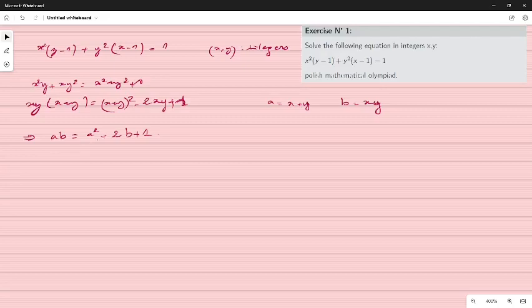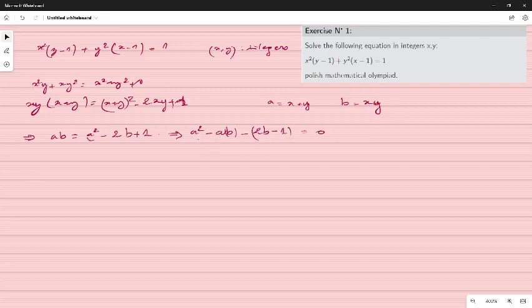So we have a quadratic equation on A, which can be written like this: a squared minus ab minus 2b minus 1 equals 0.